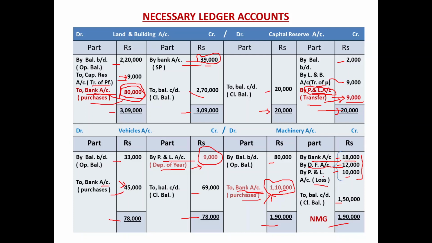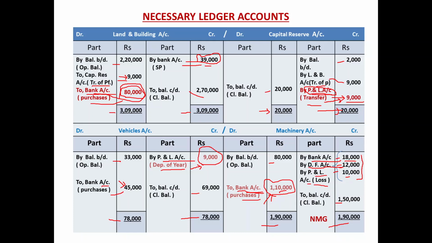But this 10,000 having a narration of profit and loss, the loss due to sale of machinery, is a non-cash item. We saw it earlier also in our previous questions. So being a non-cash item as well as a non-operating item, this 10,000 will be added back in the current year's profit once again. So we will report it on the left hand side of adjusted profit and loss account.